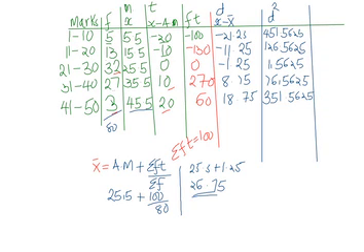Now we go to our last column, where we will have frequency multiplied by the value of d squared. So the frequency for the first class is 5.